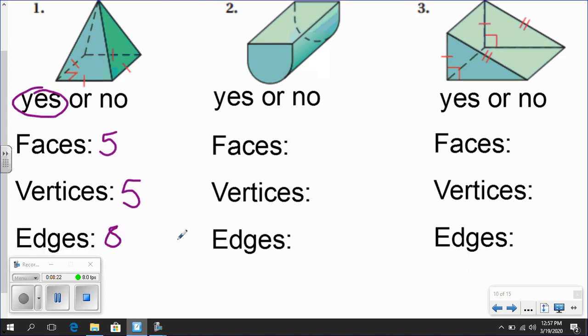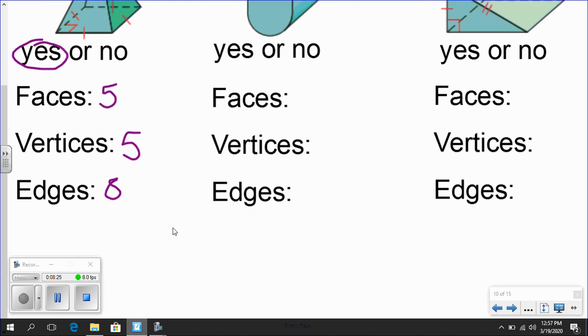Now, let's see if Euler's theorem works, and it should. So adding up the faces and vertices, 5 plus 5, is that equal to the edges plus 2? Well, the edges are 8, adding 2 to that, and yes, we end up getting that 10 is equal to 10.